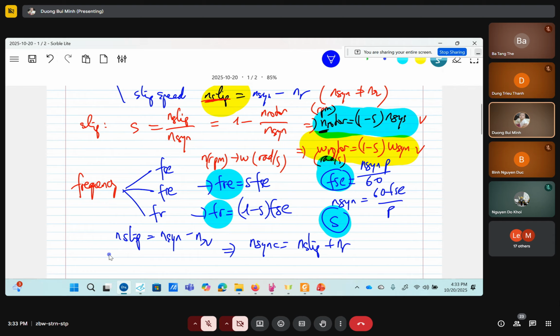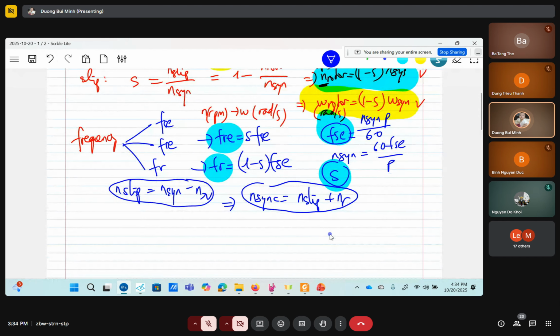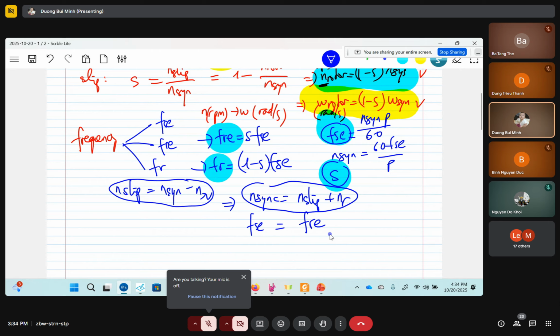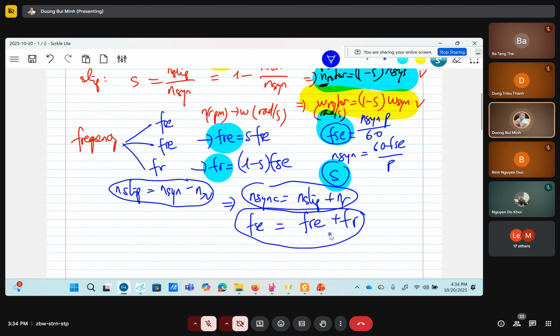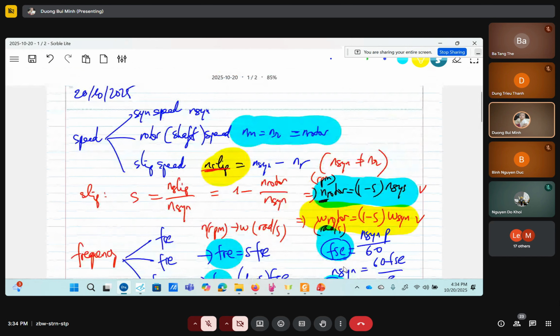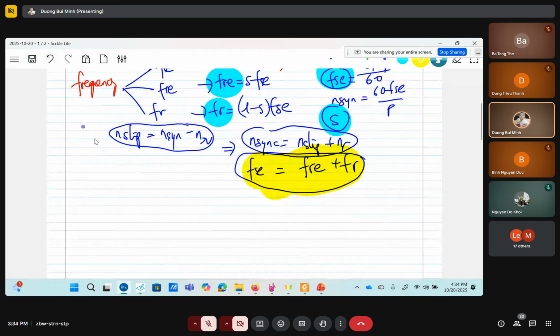N sync is equivalent to FSE, N slip is equivalent to FRE, and NR is equivalent to FR. So now we have a very important formula: FSE is the summation of FRE and FR. Any questions?